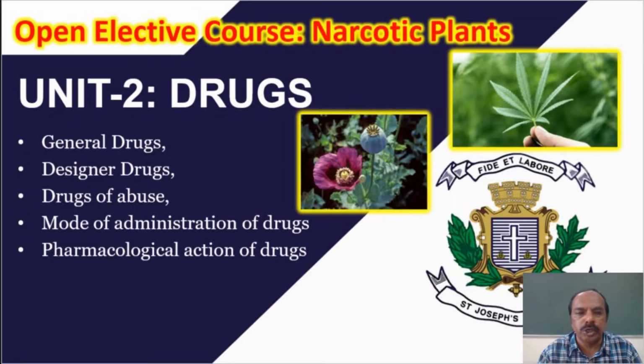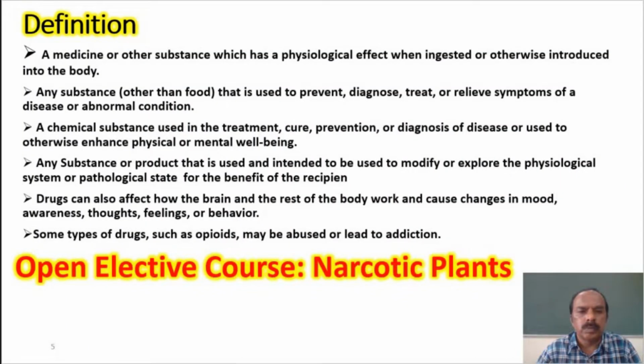Welcome to Unit 2 of the Open Elective course on narcotic plants. In this unit, let us understand general drugs, designer drugs, drug abuse, mode of administration of drugs, and pharmacological action of drugs. These are the various definitions of drugs.